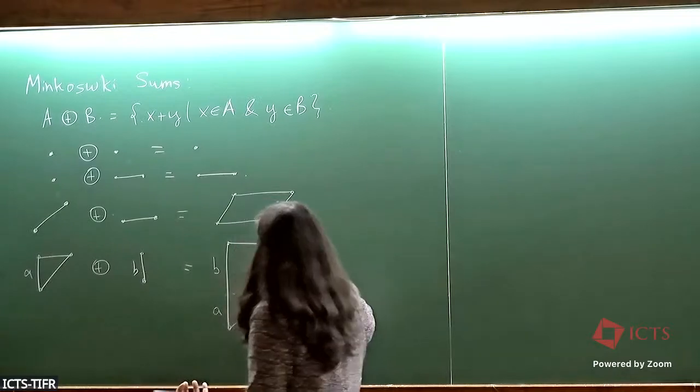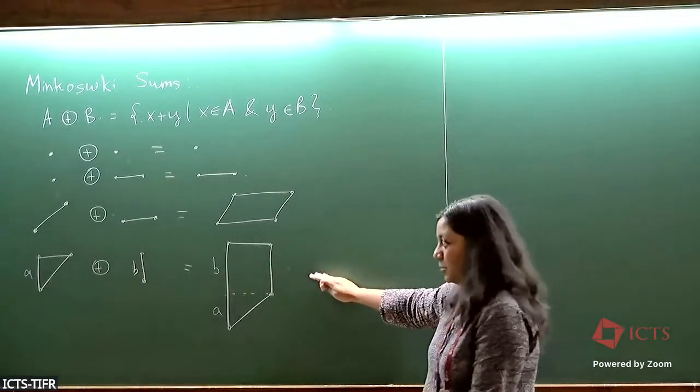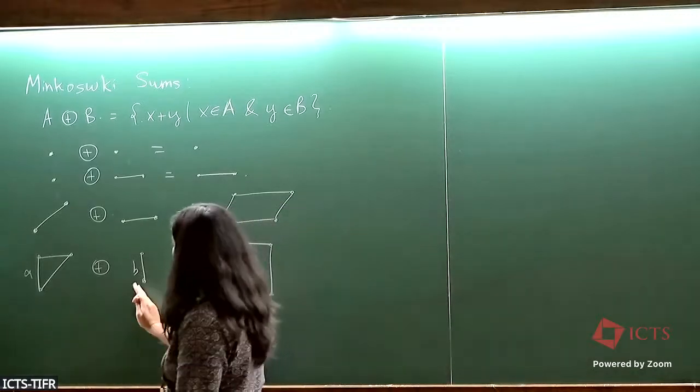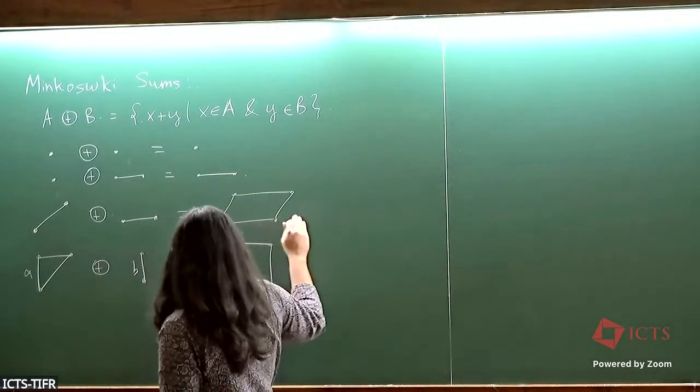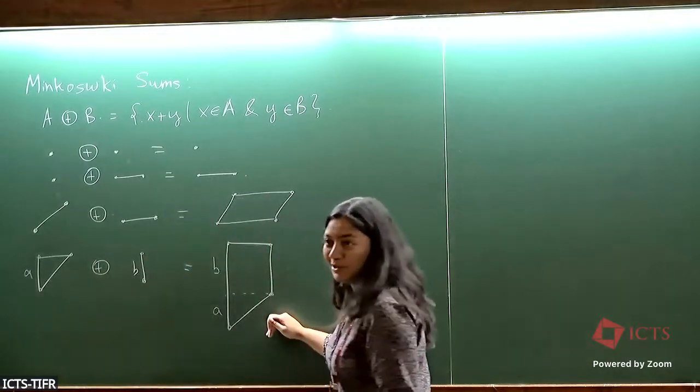And you can see that the dimensionality of what you get out is not that clear. In this case, I summed two lines, I got something two-dimensional. I summed a triangle and a line, and I still got something two-dimensional.